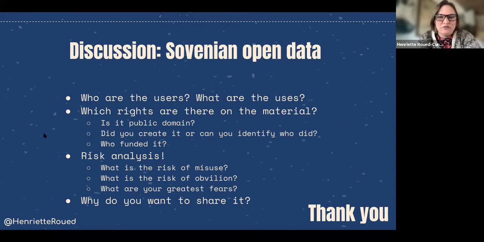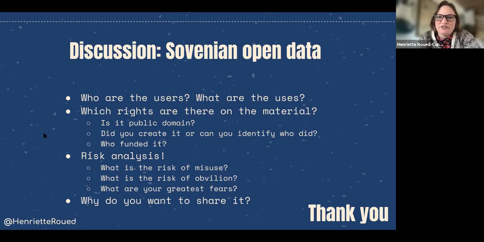And the first one is a series of questions. I like in my book also to ask questions of you, because I would like to get you to start thinking about these kinds of things. The first is a question of who the users are out there who are interested in whatever material it is that we want to digitize and make openly available, and what the potential uses of this material are.